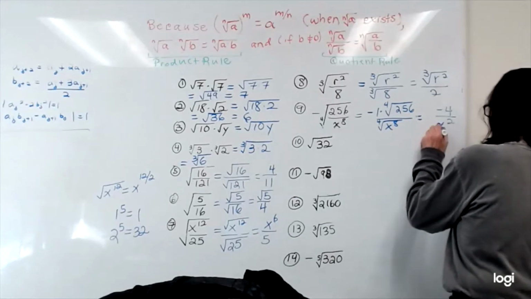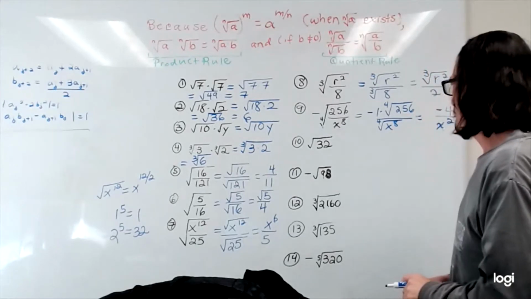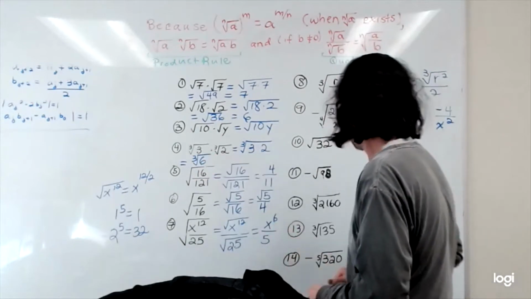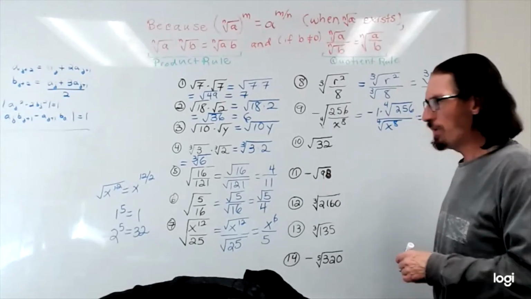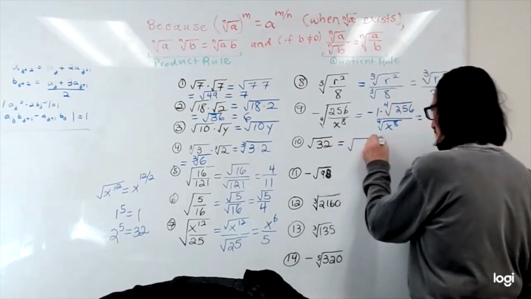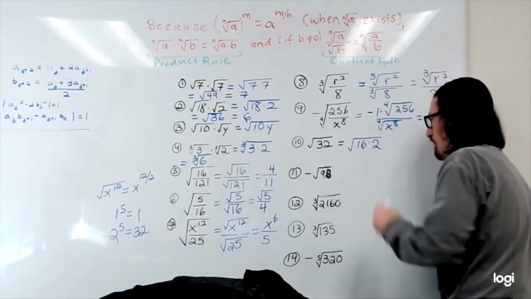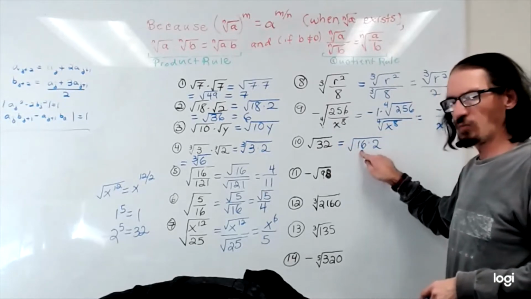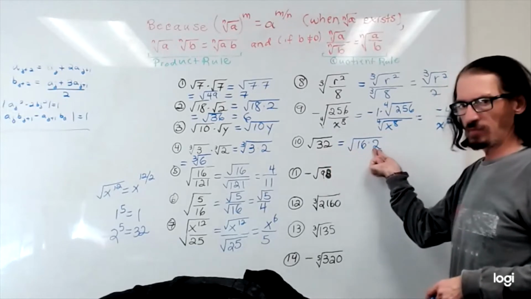Now, for the rest of these, things aren't going to simplify quite as nicely. It's going to be similar to what we had here. 32 is not a perfect square, but the largest perfect square that will go into it is 16. It goes in twice. If I were able to get a larger perfect square factor of 32, then I would have been able to break it off of this factor.